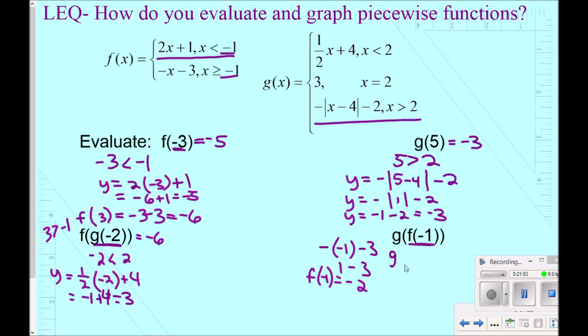So I want g of -2. Well, the good news is we did g of -2 a moment ago. We said that -2 is less than 2, so we input it into the top, and when we did that, we got 3. So g of -2 we already said is 3, which means my final answer for g of f of -1 is equal to 3.